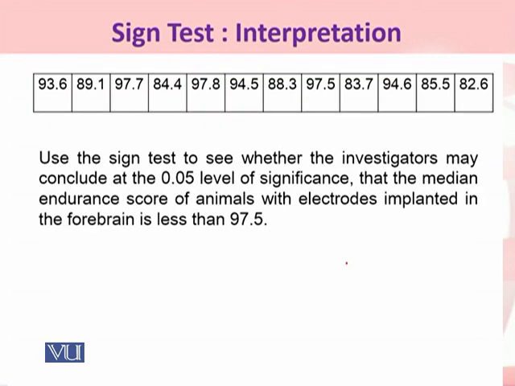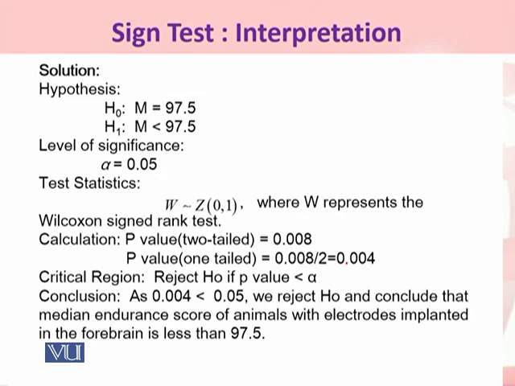We are going to conclude whether to accept our null hypothesis or reject it on the basis of the sampled data. This is the procedure I have outlined for you, so that you can see what type of hypothesis we take up and what kind of procedure we opt for to interpret the results.